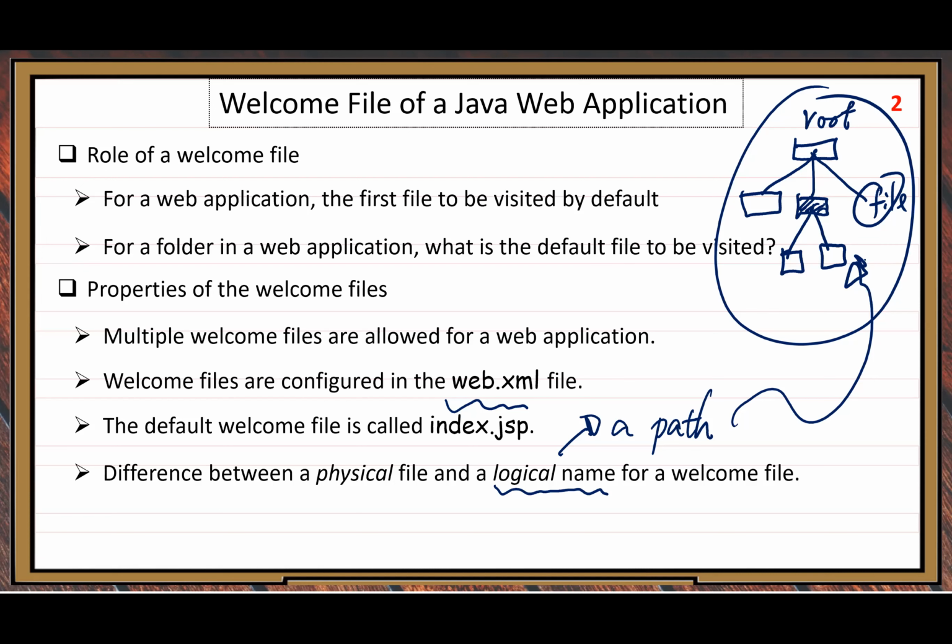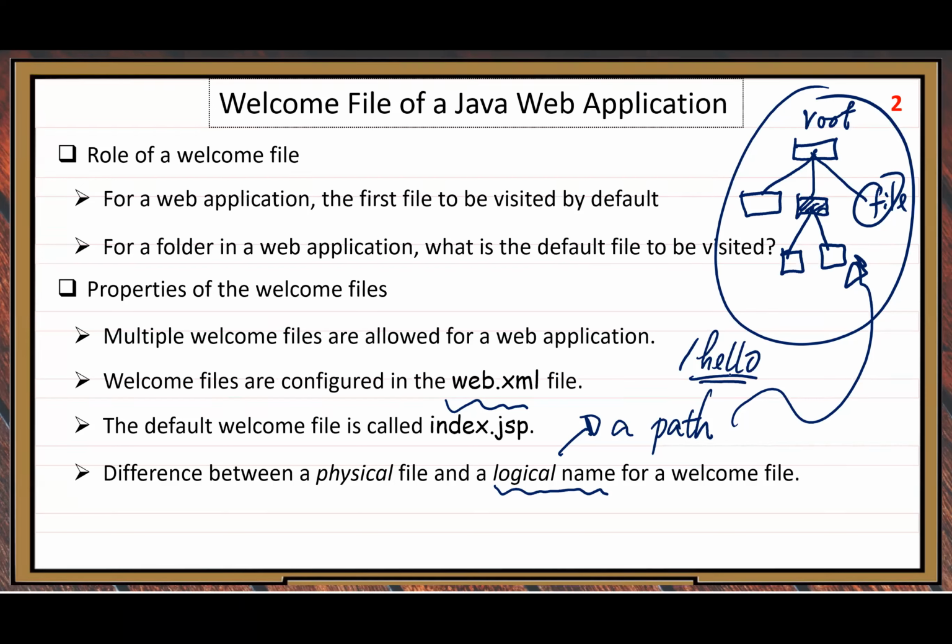In our first servlet example, think about this. Let me get closer to my microphone for better recording. In our first servlet example, remember what the URL of our servlet is? I changed it intentionally from HelloServlet to lowercase hello. I use this URL pattern /hello.